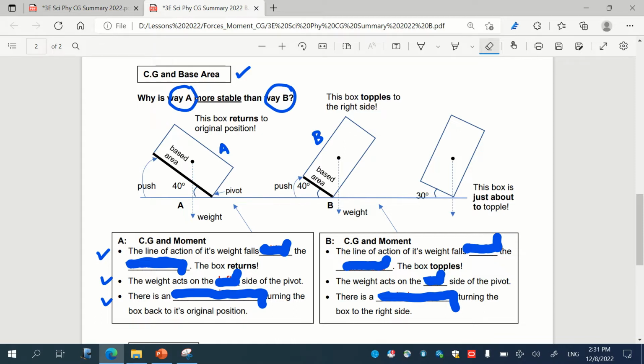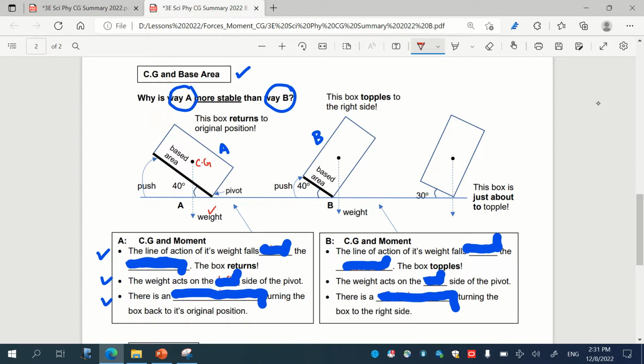You can see that after tilting 40 degree, for the box in position A, when I draw a vertical line down from the center of gravity, this CG, to represent the weight, the weight is always acting vertically down from the CG.